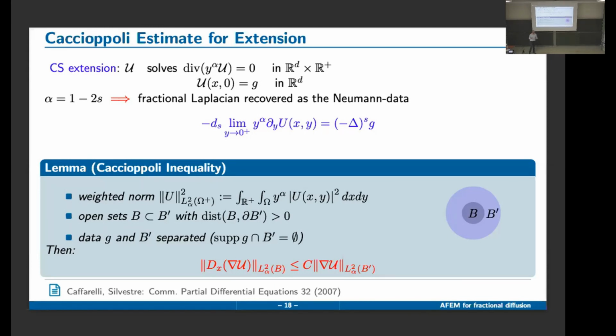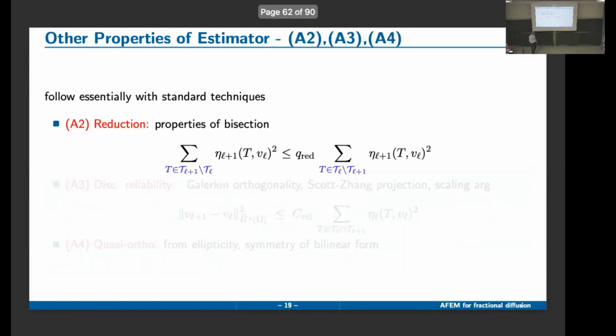So classical interior regularity for this extension problem. But we use that the data is localized away from this larger set. This makes everything go. So I exploit this additional smoothness for the far field. Okay, so this is all about this inverse estimate. So I hopefully have convinced you that A1 holds.